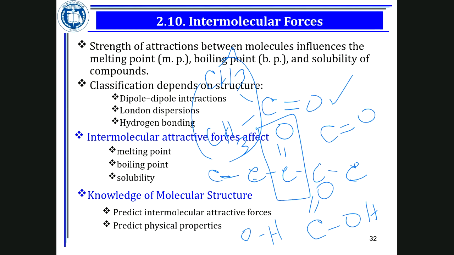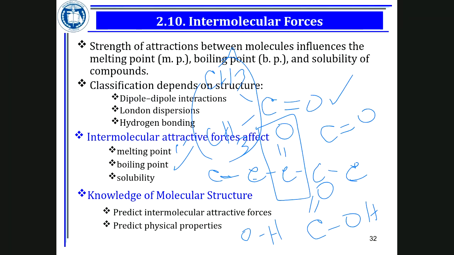So the polarity of the molecule is going to affect the melting point and boiling point as well as the solubility. Boiling point is going to be higher for a polar molecule compared to a non-polar molecule.